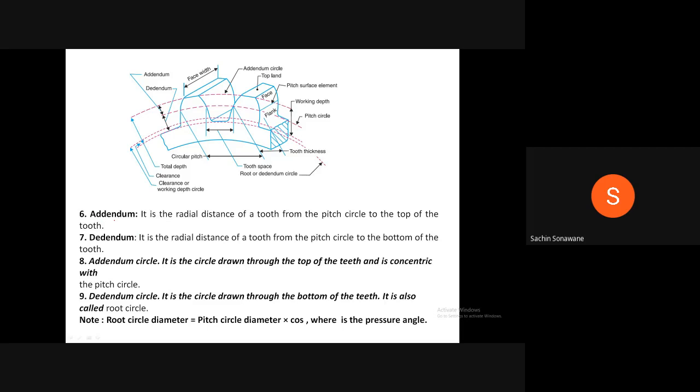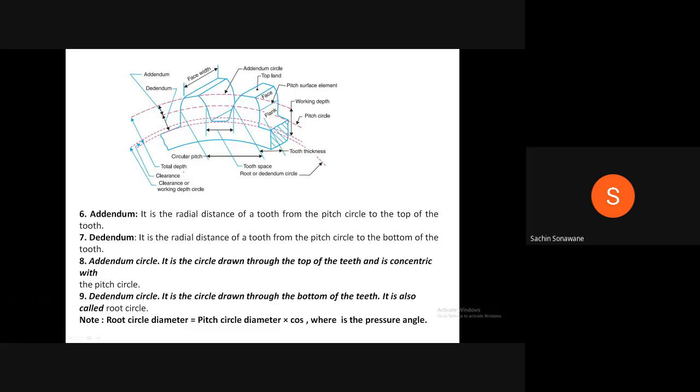What is meant by addendum? It is the radial distance of a tooth from the pitch circle to the top of the tooth. Just see, this is the addendum. This is the pitch circle, and this is the addendum circle or top of the tooth.